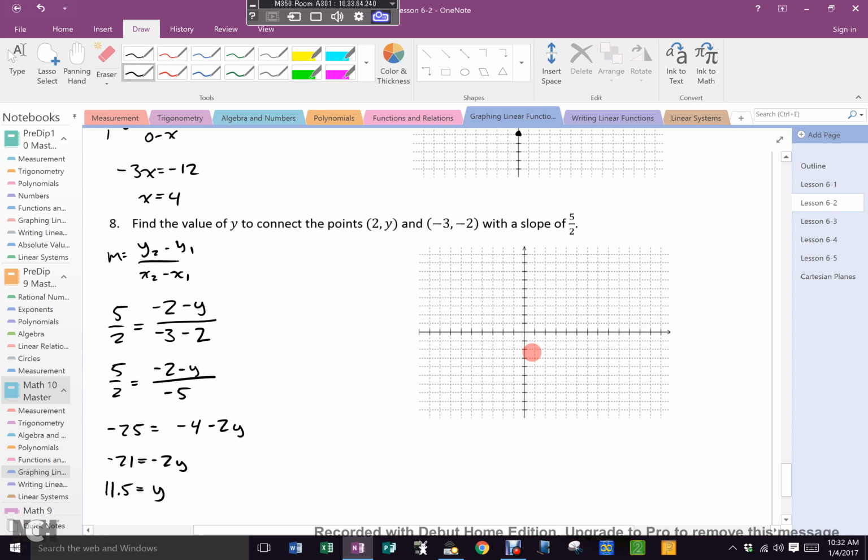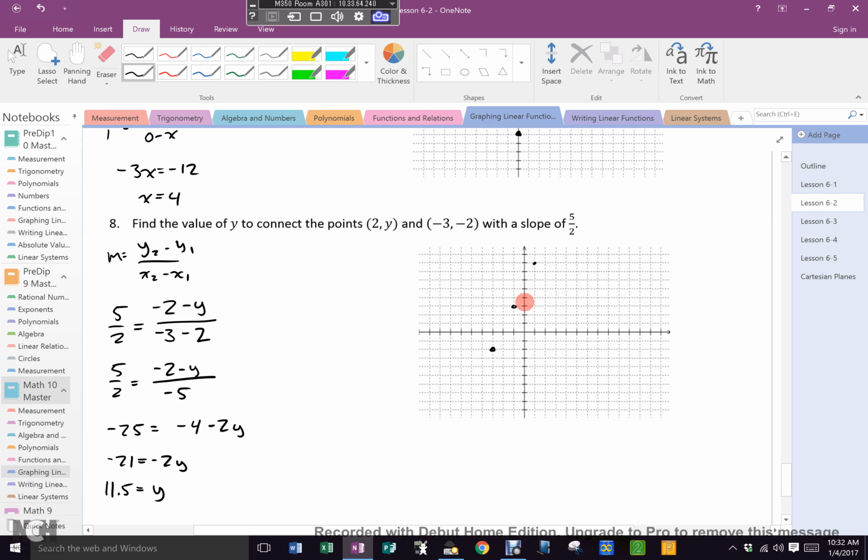Now, that's going to be a little hard to do on the graph, but we can still do it. Negative 1, 2, 3, negative 1, 2. It's got a slope of 5 over 2. So up 1, 2, 3, 4, 5 over 2. 1, 2. Oh, I'm going to go off the graph.